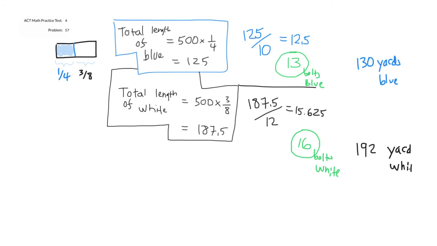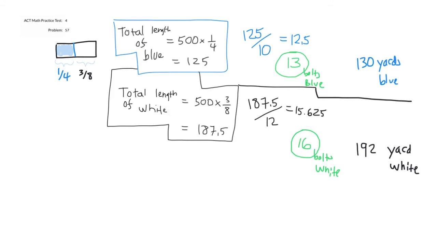That's what we would actually have after purchasing 13 of the 10-yard bolts of blue material, and after purchasing 16 bolts of the 12-yard white material. We'd have 130 total yards of blue in our possession, and we'd have 192 total yards of white. That's what we would have actually purchased.